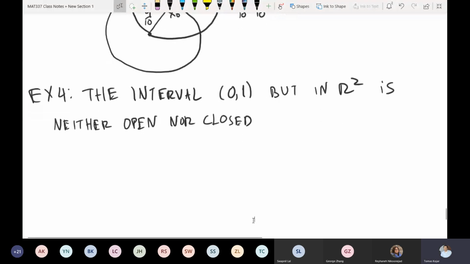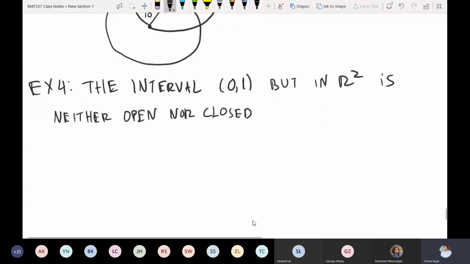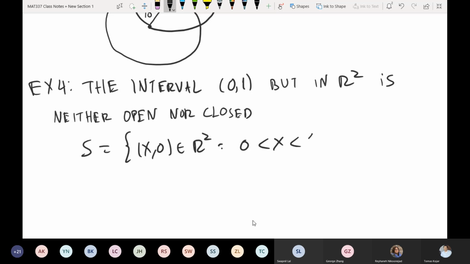So what's that interval? We're talking about the set of (x, 0) in R2. So it's this guy.